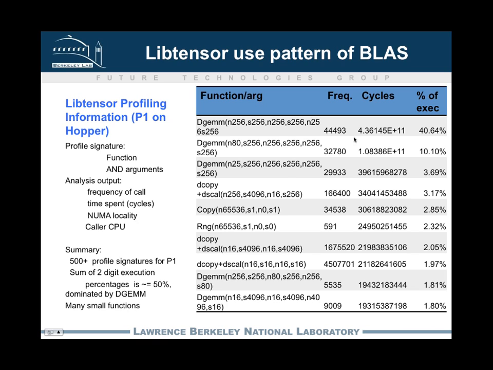If we look at this table, the first two signatures, which are two uses of DGEMM, constitute about 50%. But we have many cases with less than 1% of the execution time, and a large variation in the time spent on each kernel call. Some of them need millions of cycles, some need a few thousand cycles.